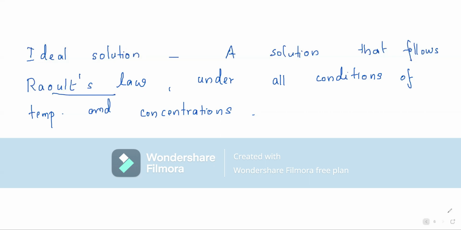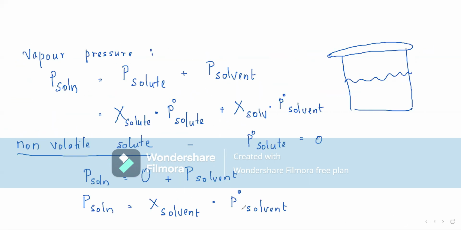What is Raoult's law? Raoult's law is what we discussed now. Vapor pressure of solution is the sum of partial pressures of individual components, and partial pressure is calculated by multiplying mole fraction with pure vapor pressure.